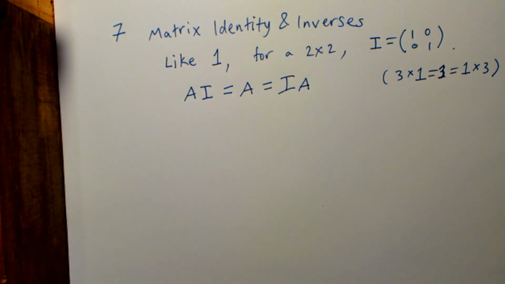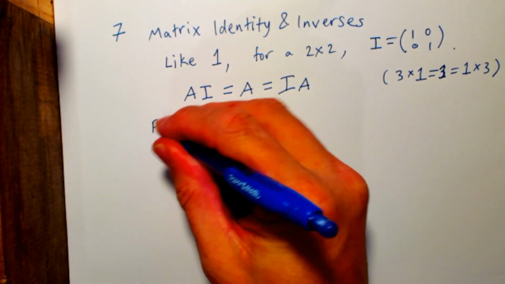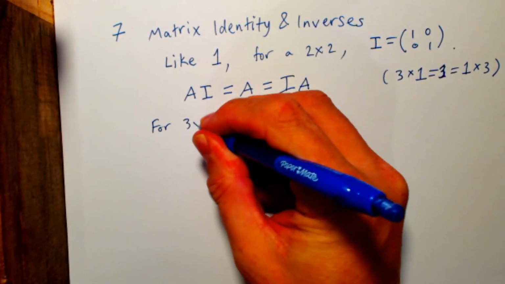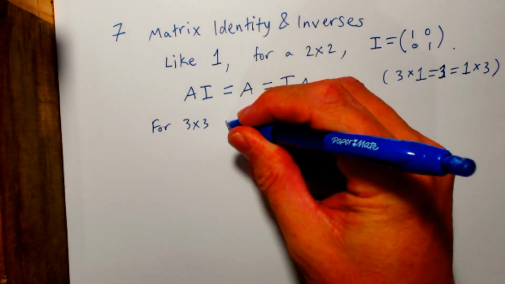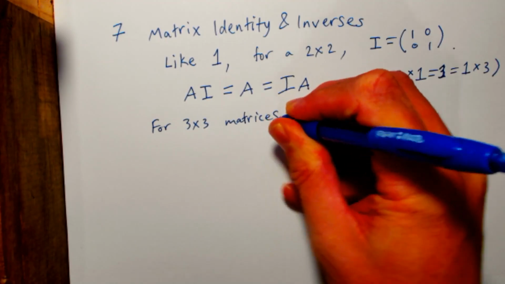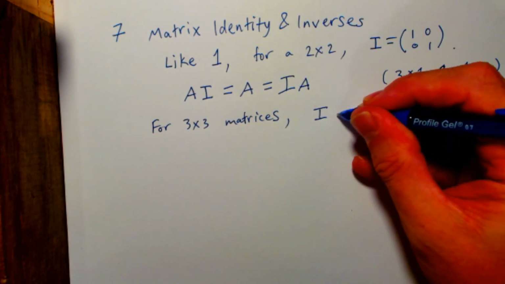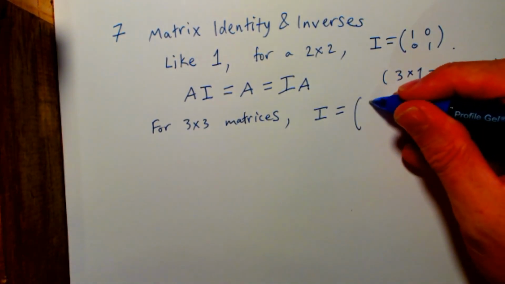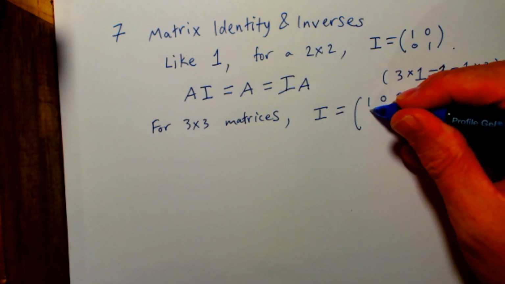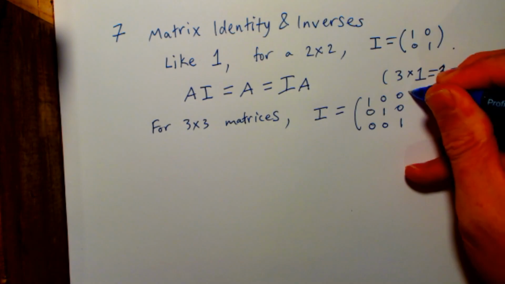Okay, so let's have a look at the identity of a 3 by 3 system. So for 3 by 3 matrices, the identity I is 1, 0, 0, 0, 1, 0, 0, 0, 1.